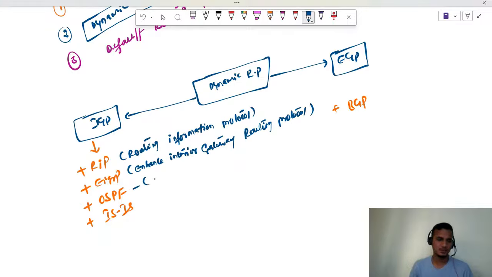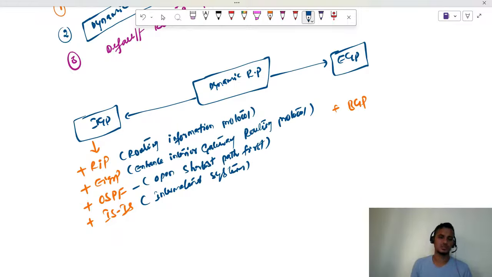OSPF stands for Open Shortest Path First. IS-IS stands for Intermediate System. So these are the abbreviations of all the protocols. In BGP, BGP stands for Border Gateway Protocol.